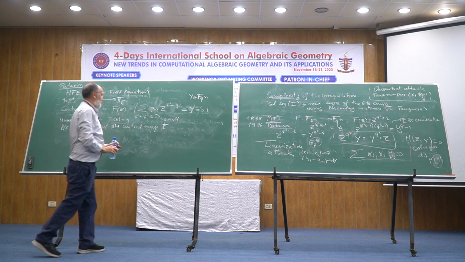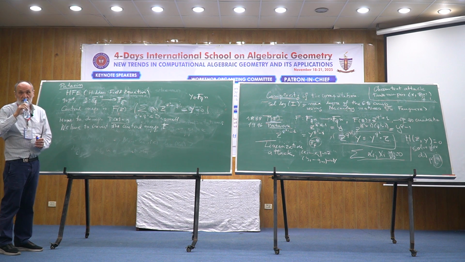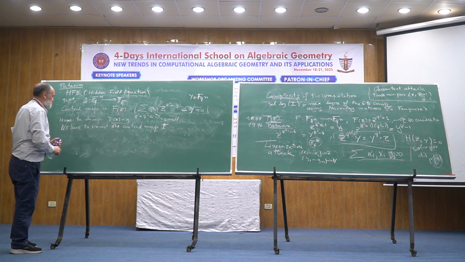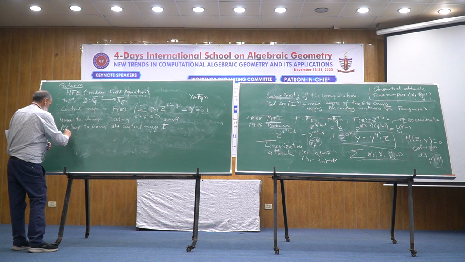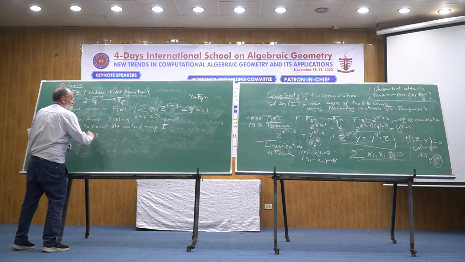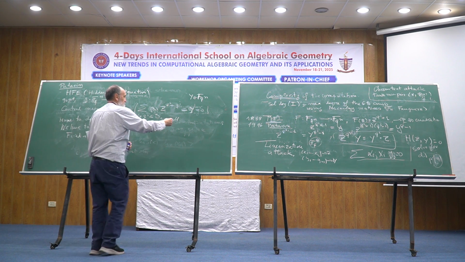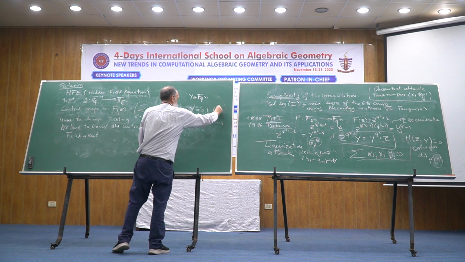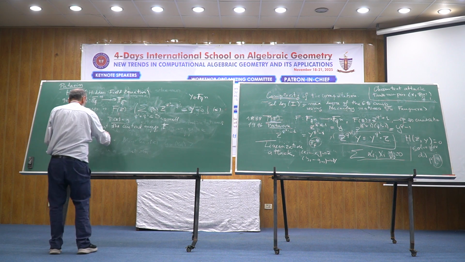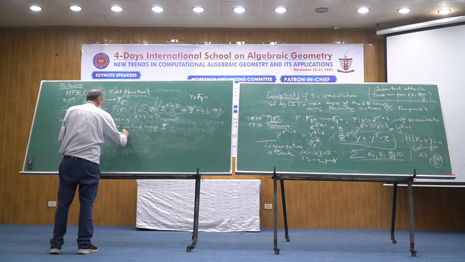This is a polynomial in one variable, so we have to find a root of this univariate polynomial F star.